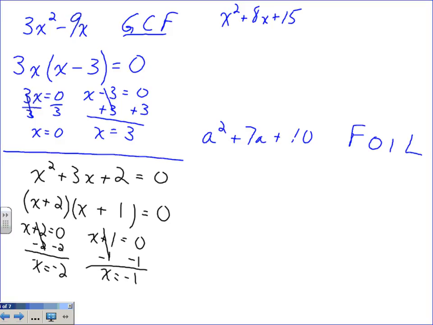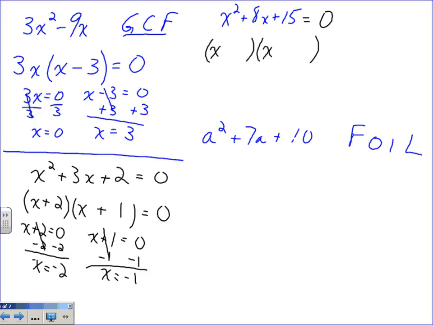All right, and again, in your notes, I gave you a problem like x squared plus 8x plus 15. Now I'm going to make that equal to 0. So the first thing we do is factor, just like we did yesterday. We have x and x.